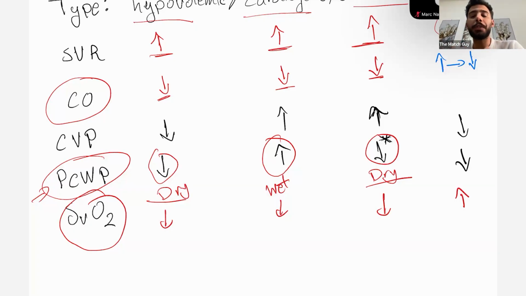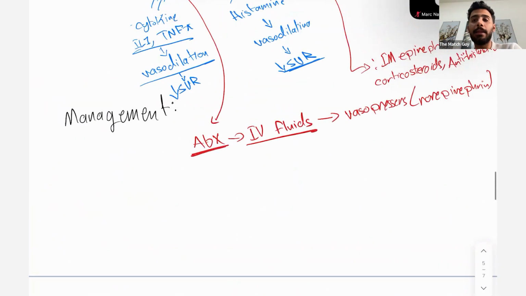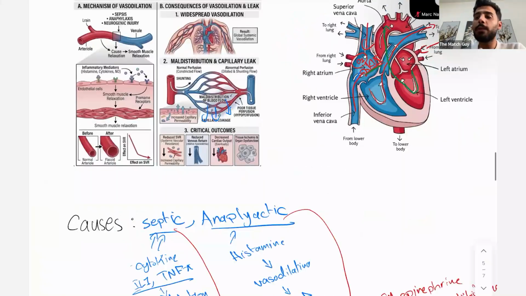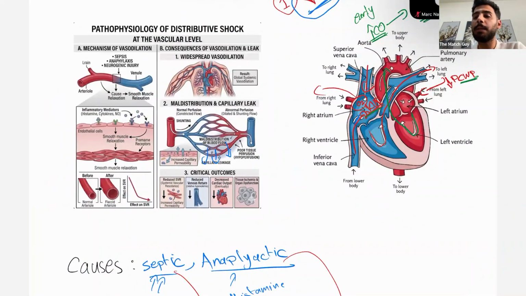And SvO2 is just a measure of how much extraction of oxygen happened in the rest of the body. So usually the normal amount is around 70 to 75%. That's how much oxygen comes back to the heart, which means that the tissues have extracted around 25% of the oxygen that is found in the arteries.